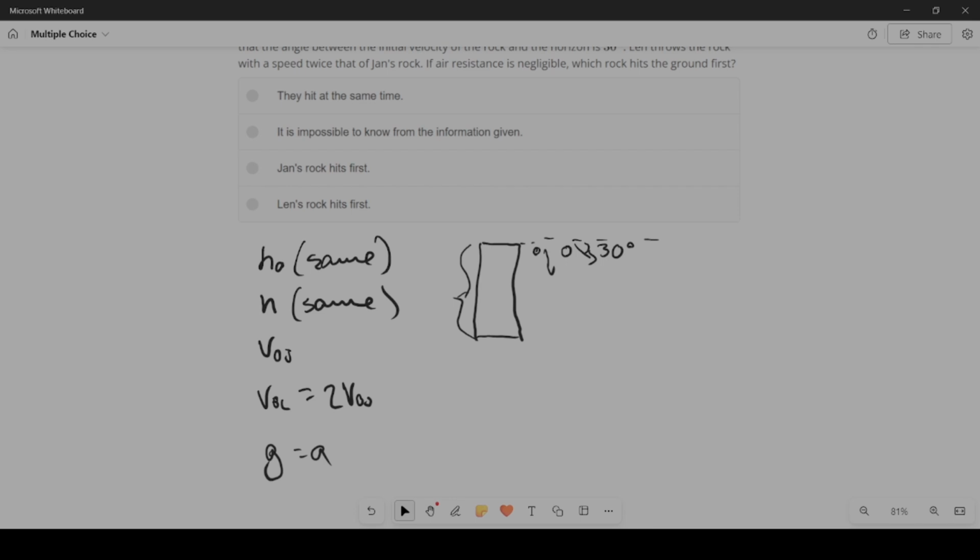In this case, we have that VOJ is entirely the y component. But what about VOL? What is the y component of Len's throw? Well, we can do some trigonometry here.